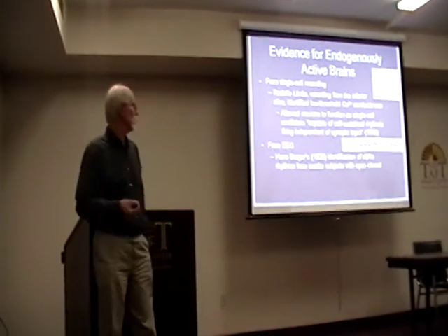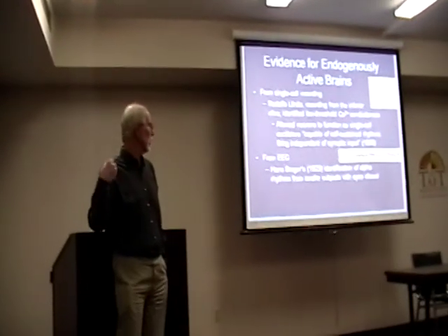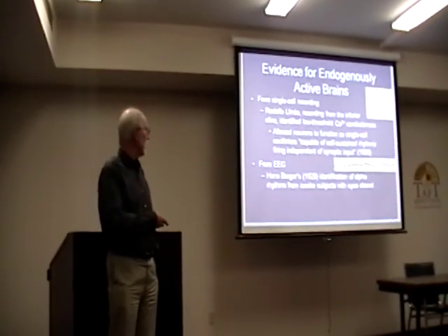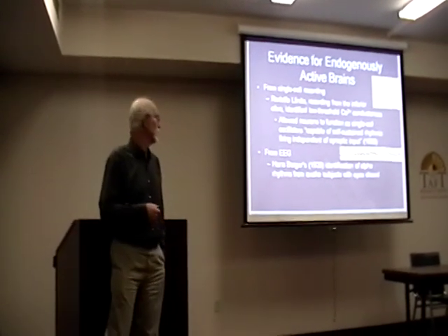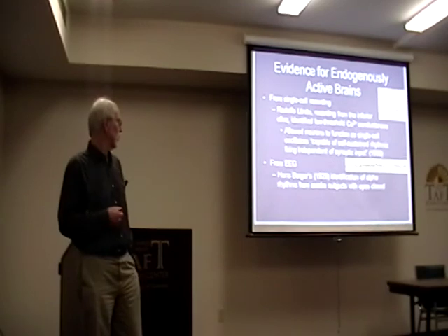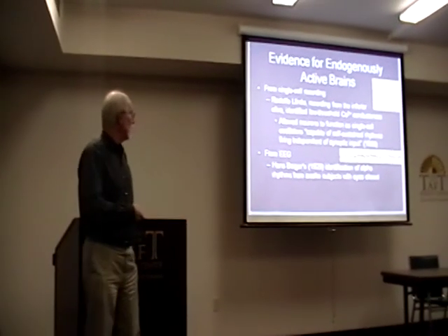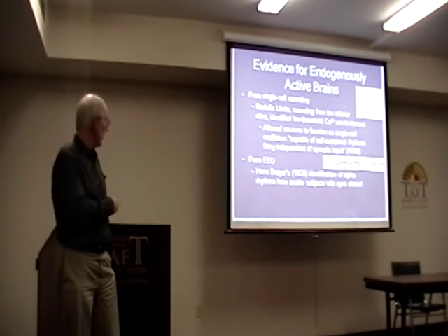Now, he also contrasted that with what happens when a task is given to the subject, or the subject just is paying attention to things in their environment, and then he observed what he called beta rhythms, rhythms more in the 14 to 20 hertz range, but here again, evidence of endogenous activity.